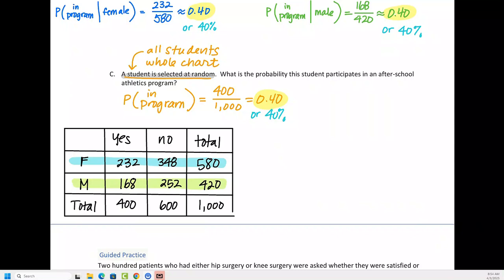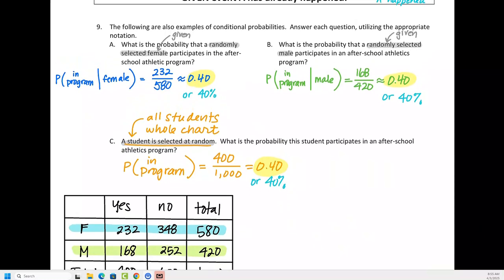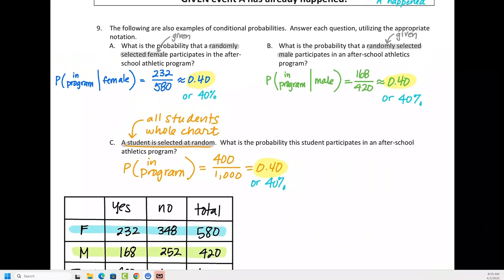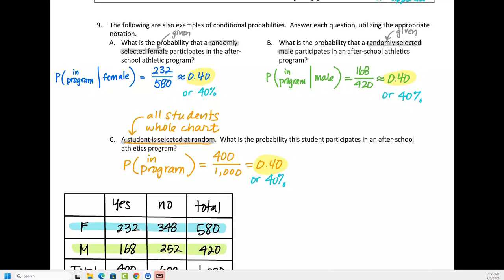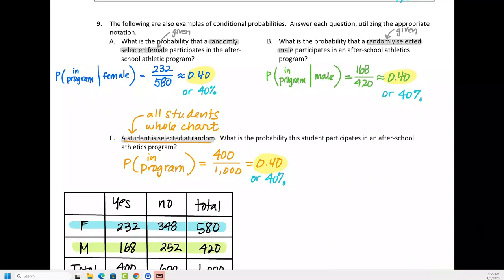Okay, they don't ask the question, does it appear that it's unfair that more females are participating than males? Of the females, we know 40% of them participate in a program.